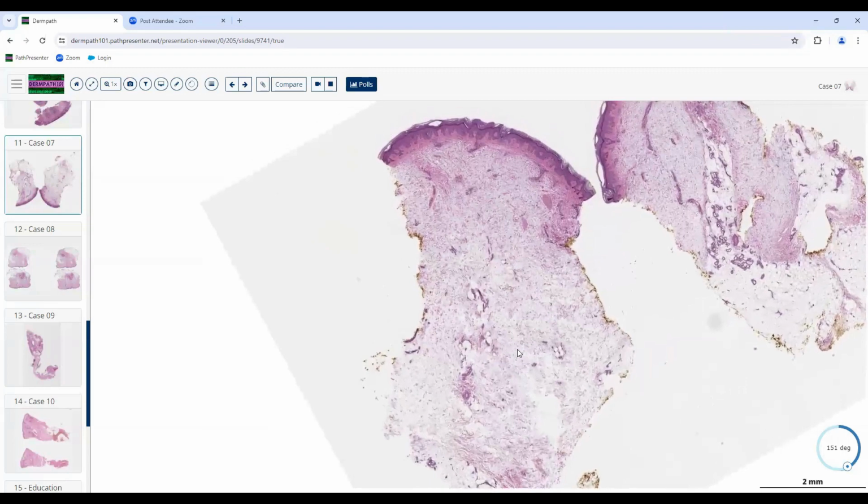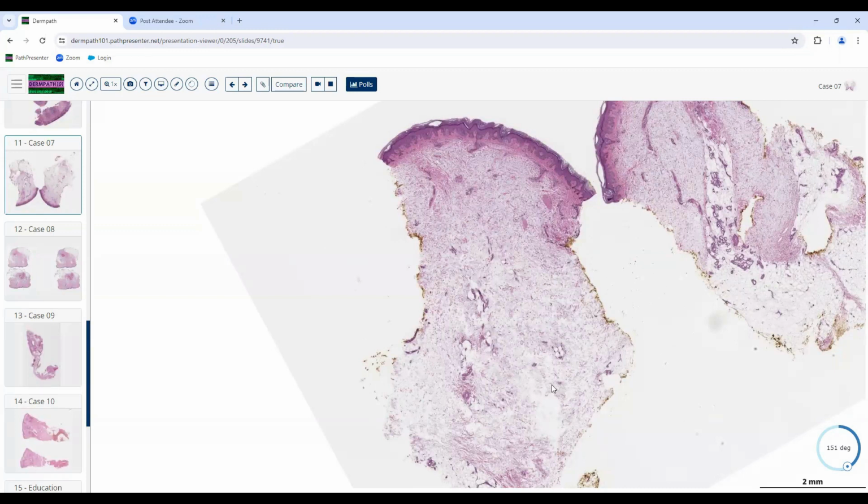You're welcome. I can do this one. So it looks like at low power we have a punch here. What stands out to me is the sparseness of the collagen in the dermis.